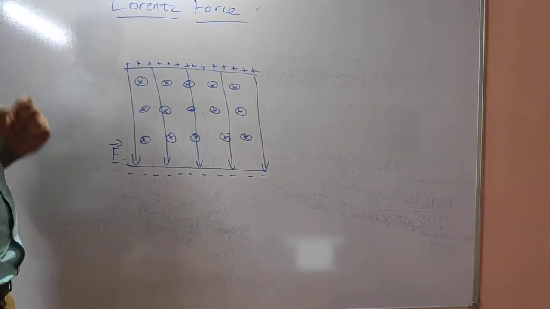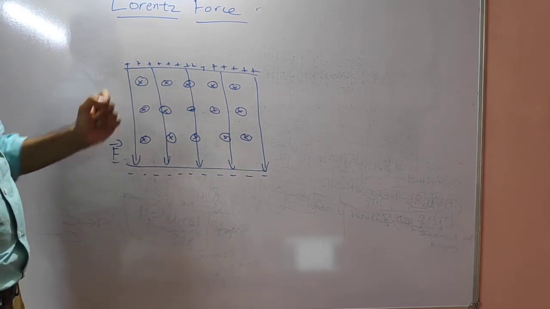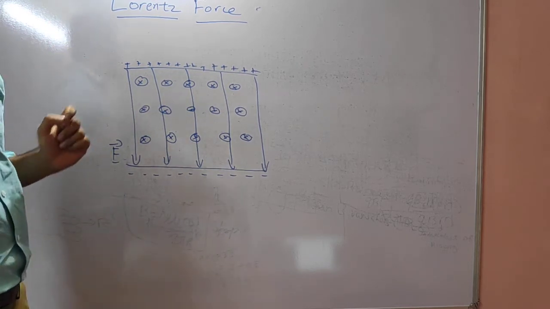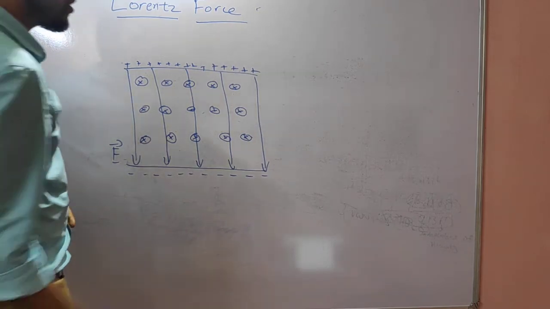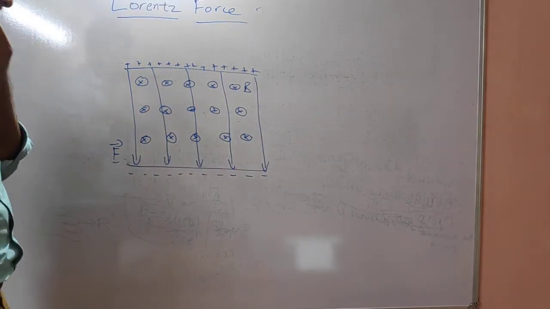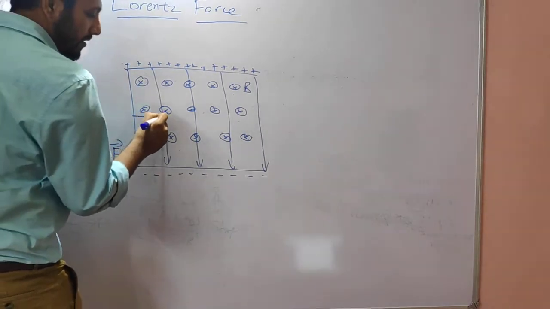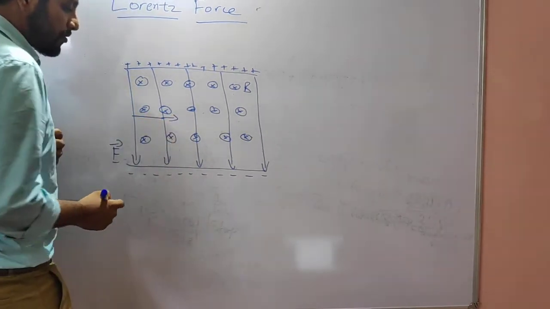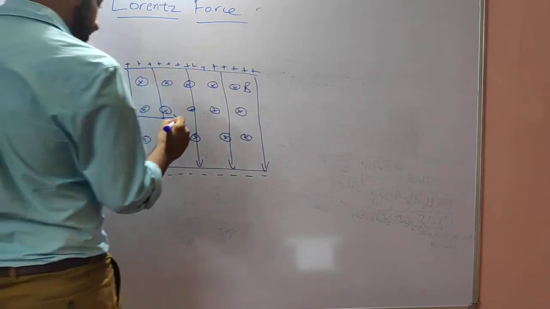Now what I need is a charged particle that is also perpendicular to both. A charged particle that is perpendicular to electric field also and perpendicular to magnetic field also. Okay, what can be the direction? I can draw it in this direction. Okay, we have charge q with velocity v.